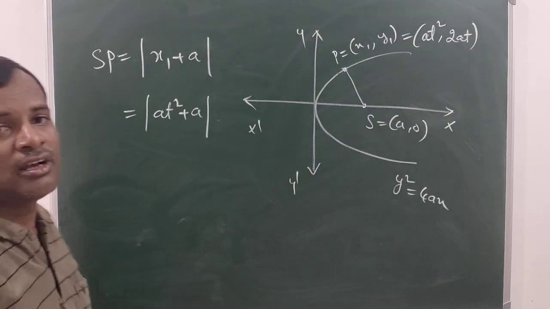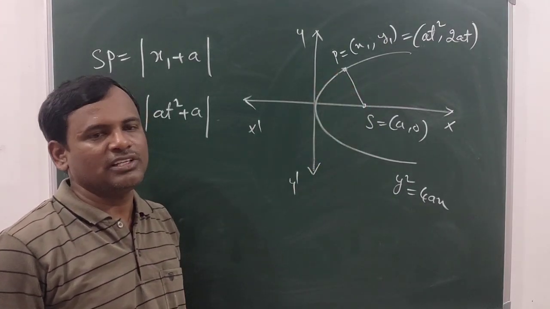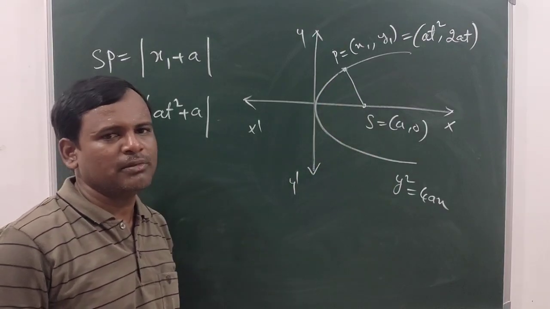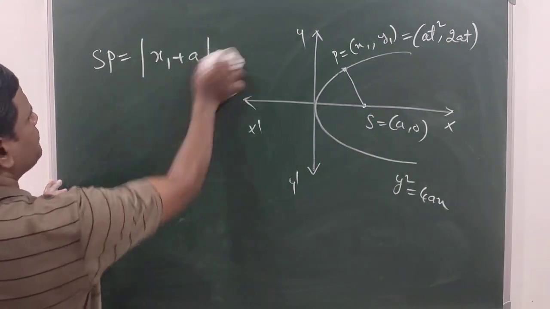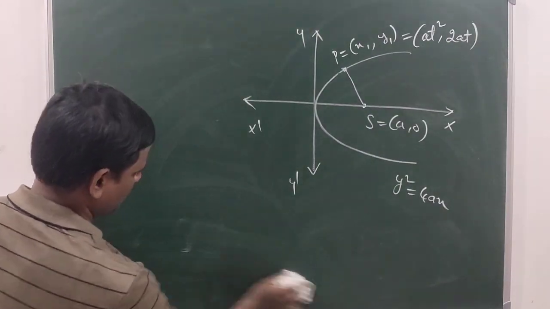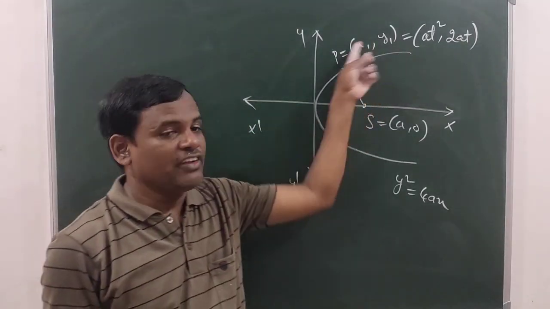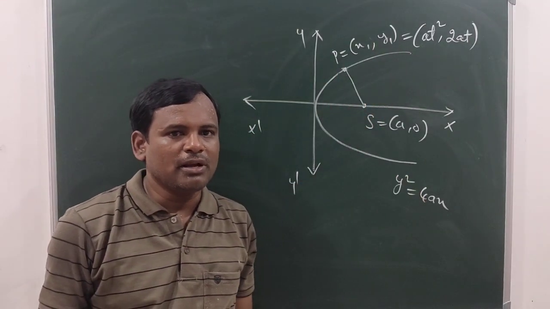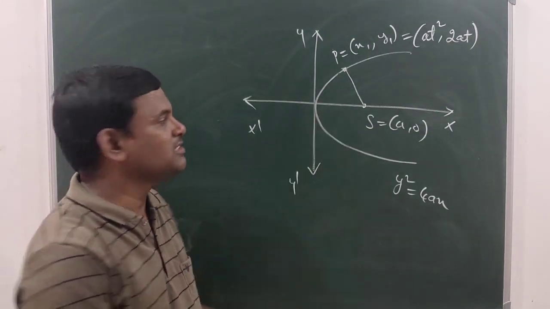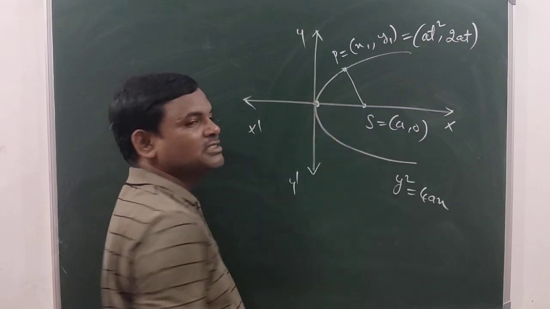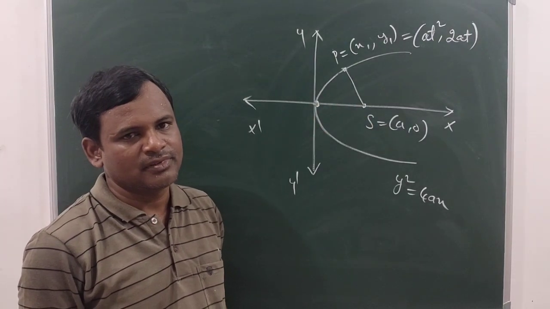As the length of this focal distance is measured from S to P in parametric form. Here infinitely many points are there on the parabola. Among all that, this vertex is the nearest from the focus.